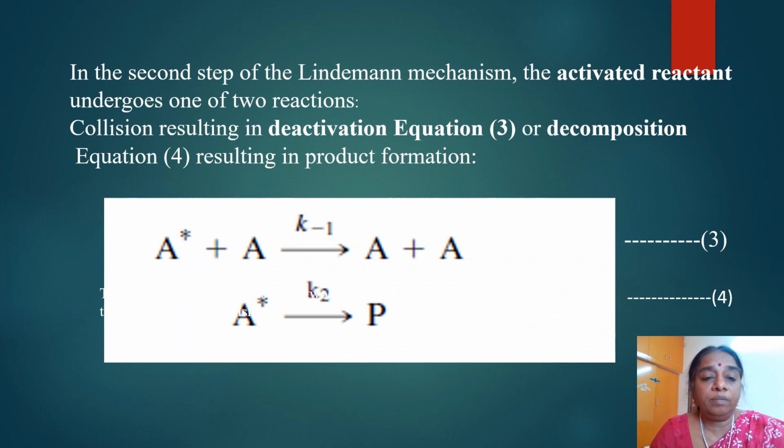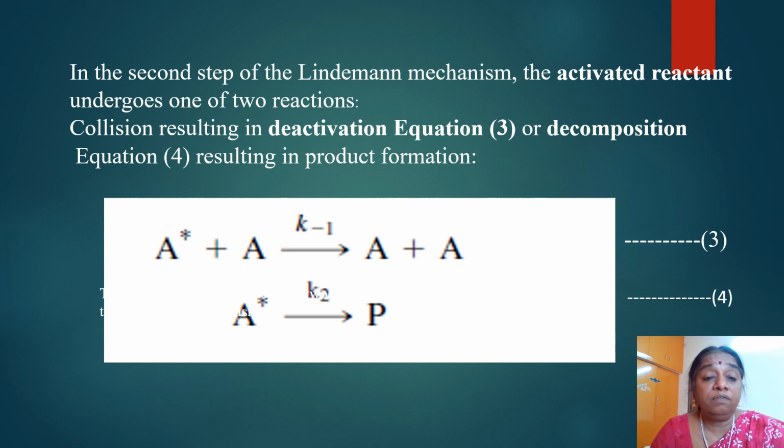Once the activated intermediate A star has been formed, according to Lindemann, the second step will occur after a time lag, during which A star has the option to form the product via the decomposition step represented by the second equation with the rate constant K2, or it may undergo deactivation, which is given as A star plus A giving A and A. Here the reactive intermediate A star has some time to choose between the deactivation step or the decomposition step.